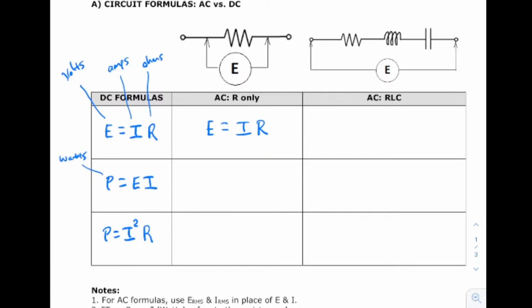The difference is that there's no such thing as just a steady voltage. There's an RMS voltage, root mean square voltage, and then for the current, you would use the root mean square current, RMS is what I'm trying to write here. The current, you use the RMS value of current as well.